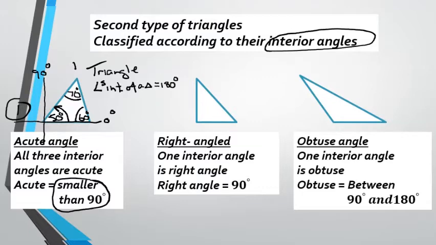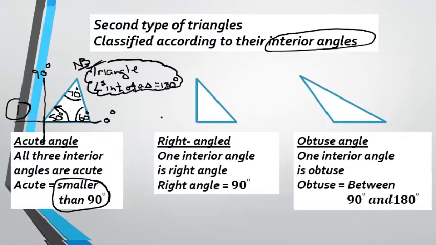Now guys, this one is very, very important to remember. The sum of the interior angles of a triangle equals 180 degrees. Let's put a cloud effect around it, so important is that one. So acute, smaller than 90 degrees, all three interior angles.